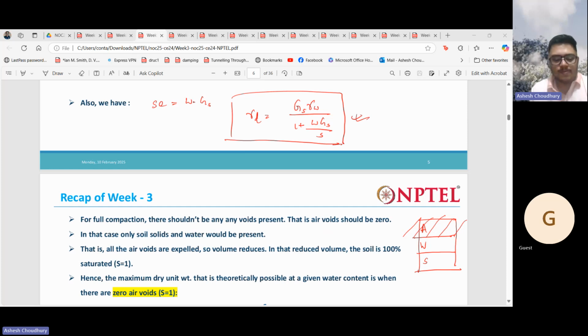That is S equal to 1. Hence, the maximum dry unit weight that is theoretically possible at a given water content is when there are zero air voids, that is, S equal to 1.